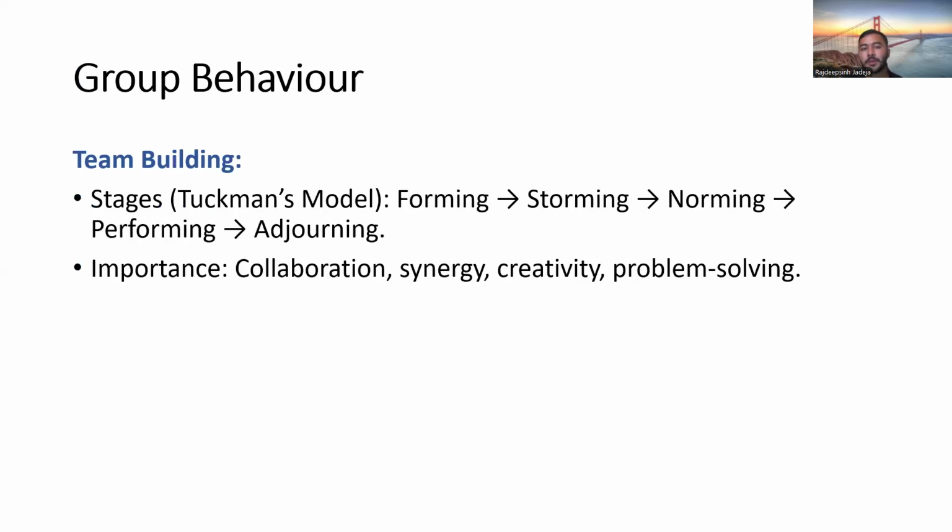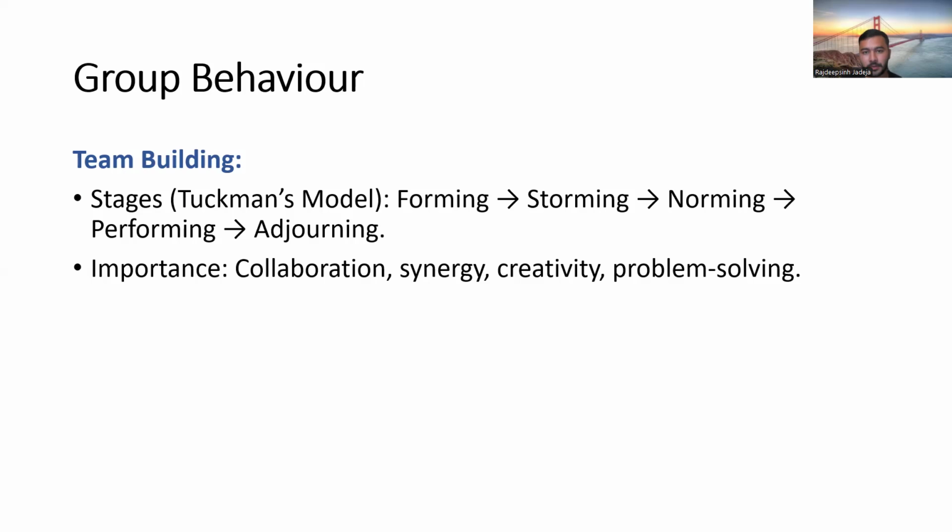Now we are going to study group behavior or team behavior. Group behavior is very important because in a group there are 4 to 5 people. They are also individuals in themselves. They have different perceptions and different personalities. Why does somebody need to study group behavior?